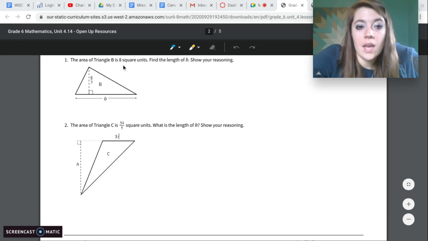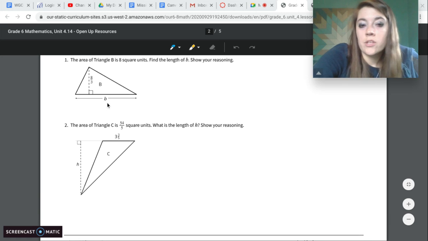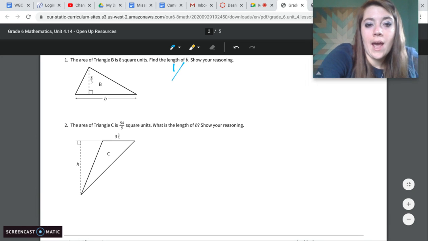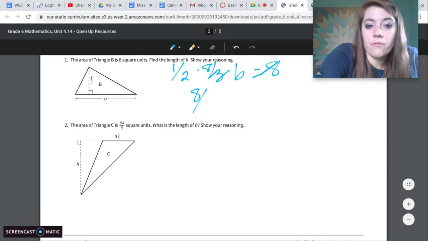So we know the area is 8. We know the height. We're looking for the base. So 1/2 times the height times the base equals 8. So if we multiply 1/2 and 3/8 together, we're going to get 8/6 times B equals 8.